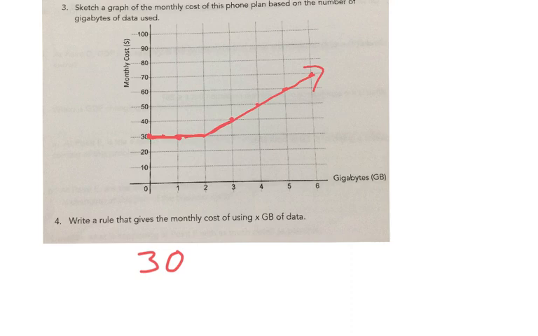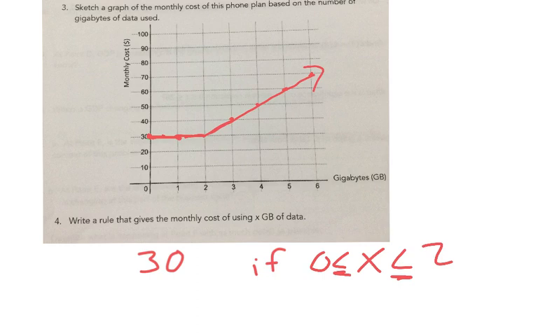So the rule is 30 if x is between 0 and 2. Is it 30 if x equals 0, is it still 30? Yes. So I need an equal to sign. If x is equal to 2, is it still $30? Yes. So I need an equal to sign there too.